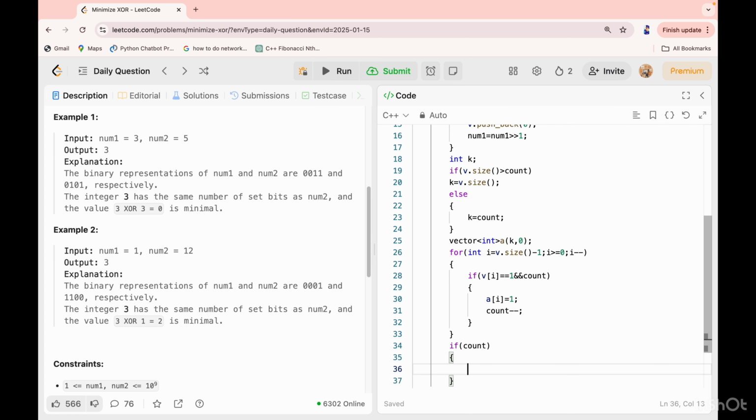Okay, now here we will traverse from LSB to MSB. Here we were traversing from MSB to LSB. Now here we will traverse from LSB to MSB and find all the unset bits. This will just traverse the vector.